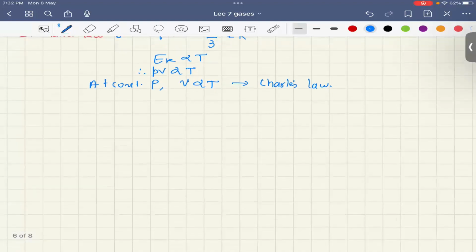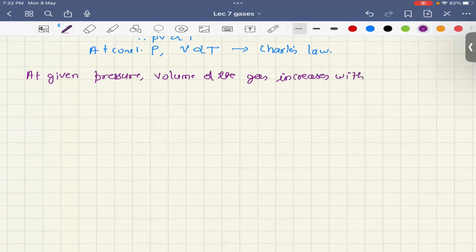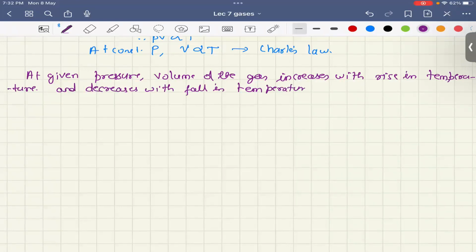And this came because at a given pressure, volume of the gas increases with rise in temperature, right? And decreases with fall in temperature, right?